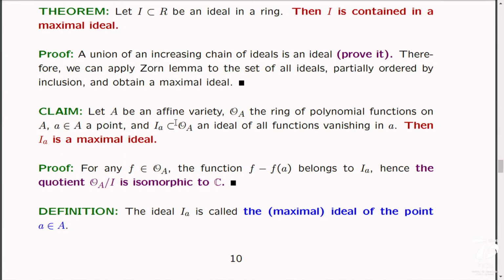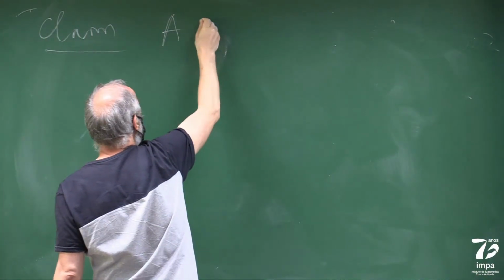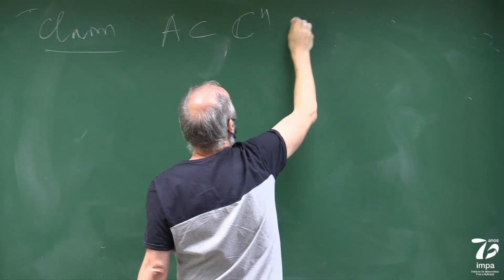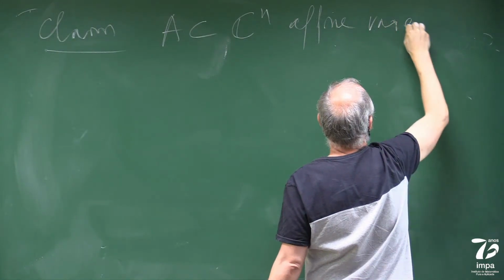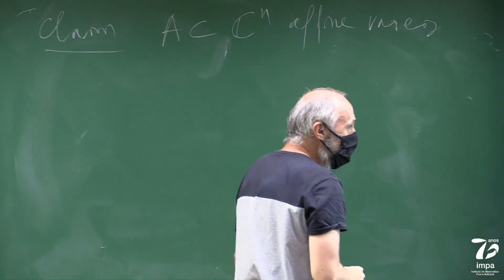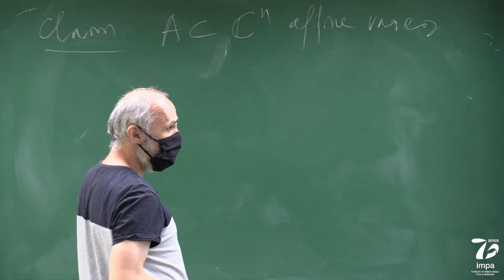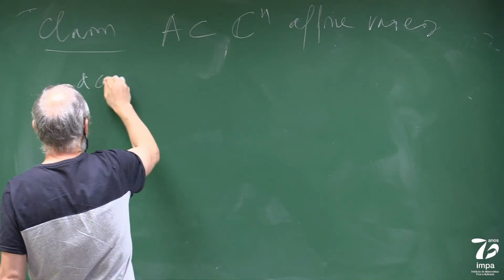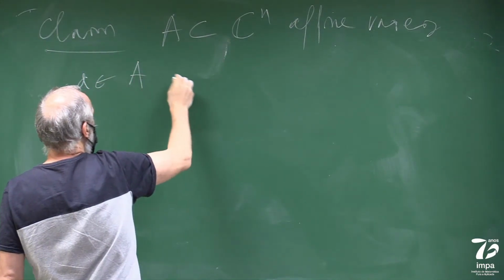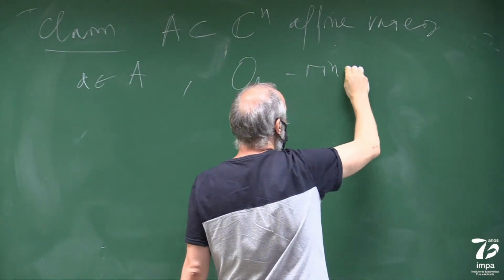So suppose you have an affine variety A. This is the same as a subset given by a system of polynomial equations, and you have a point a in it, and O_A is the ring of polynomial functions.